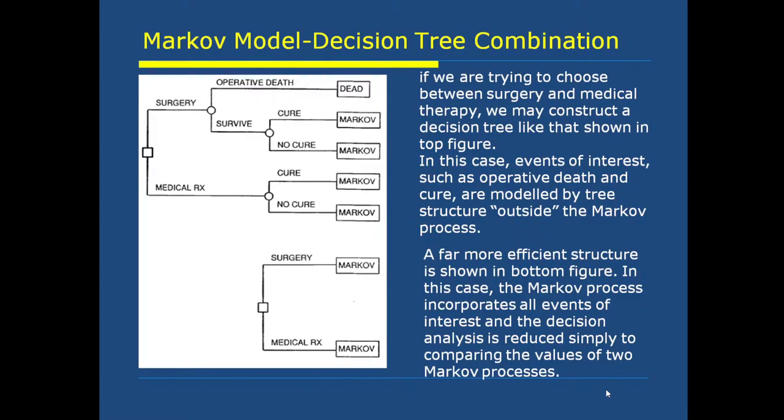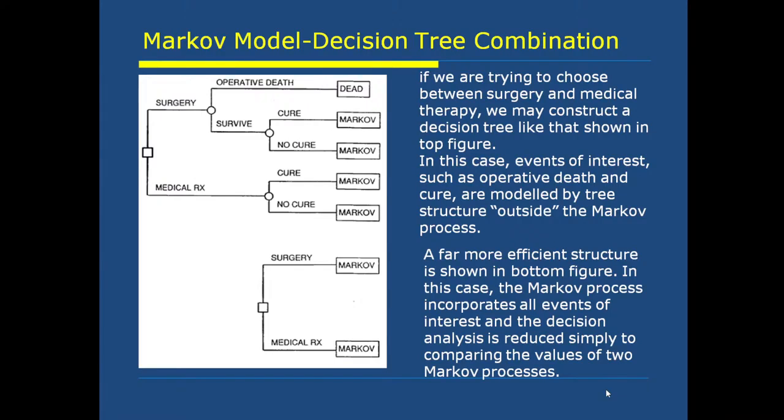At this slide, you see a Markov model and decision tree combination. If we are trying to choose between surgery and medical therapy, we may construct a decision tree like that shown in top figure. In this case, events of interest such as operative death and cure are modeled by tree structure outside the Markov process.